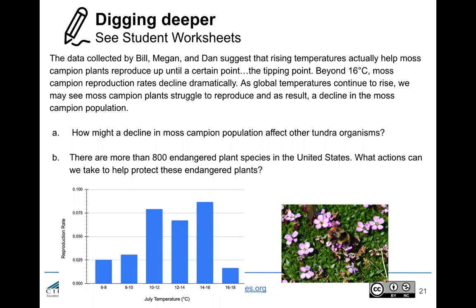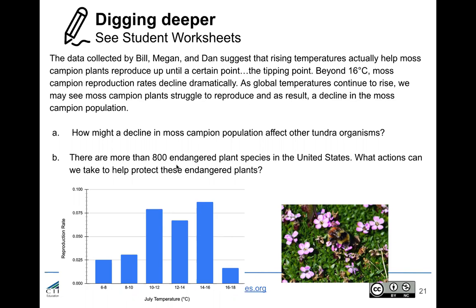There are also, like we said, other plants that depend on moss campion plants for those microclimates they produce. And so how might those other plants and organisms that depend on those plants be impacted? So wanting to challenge them to think about the cascading effects of the decline or loss of one organism in an ecosystem, and how that might affect others.